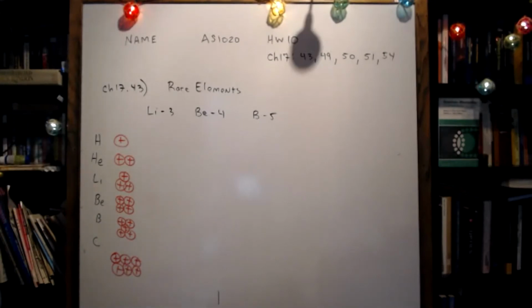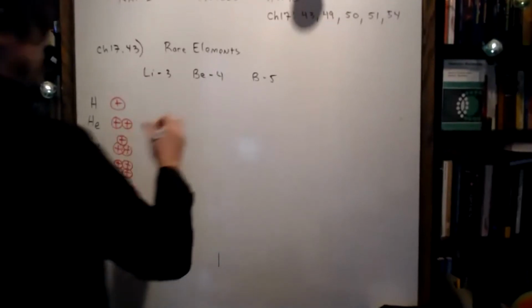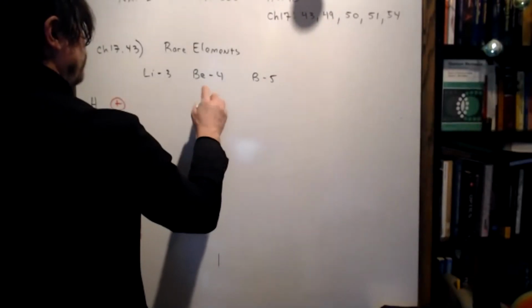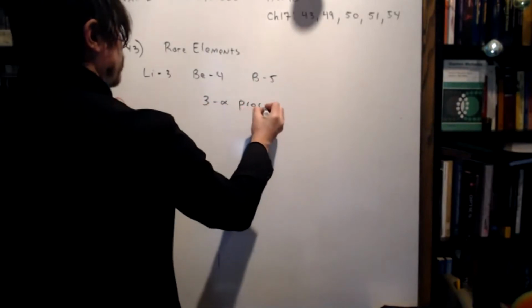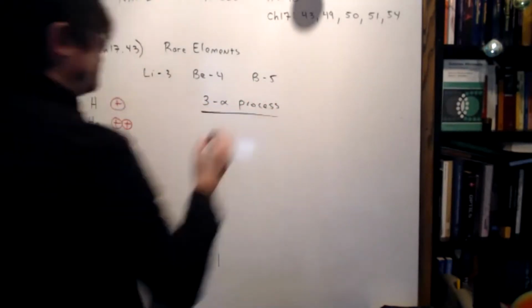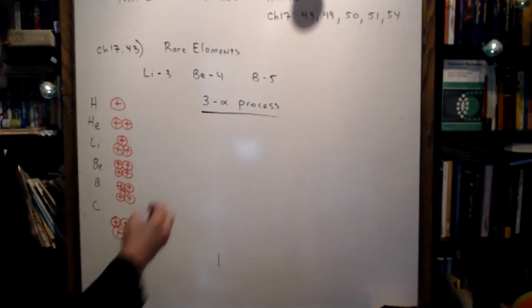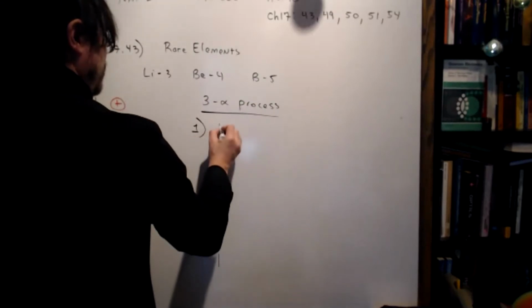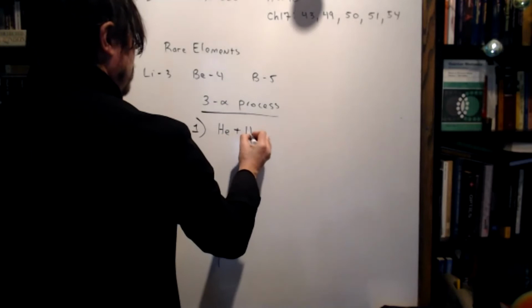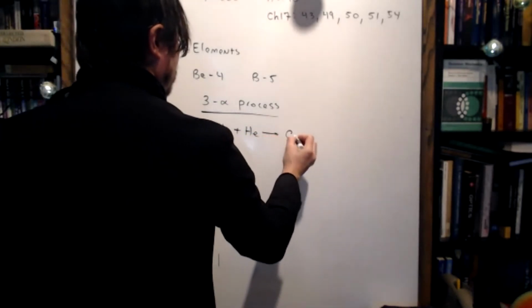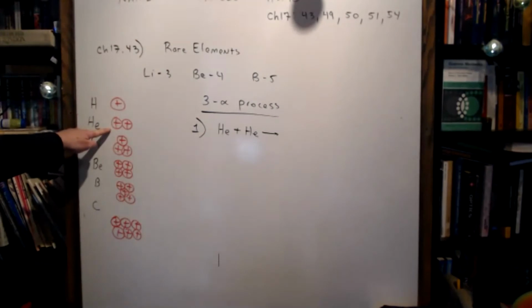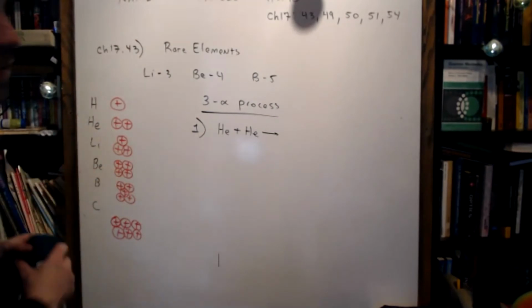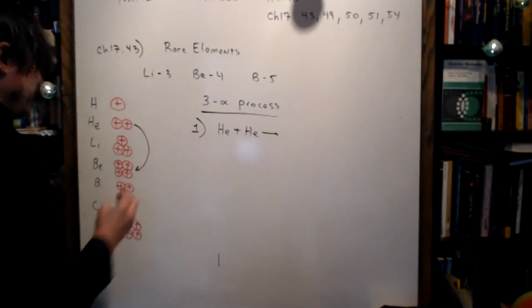Now let's ask ourselves about the 2 steps of the so-called triple alpha process. There are 2 steps in the reaction. In step 1, helium plus helium makes, well, look guys, 2 plus 2 gives you 4 in step 1.